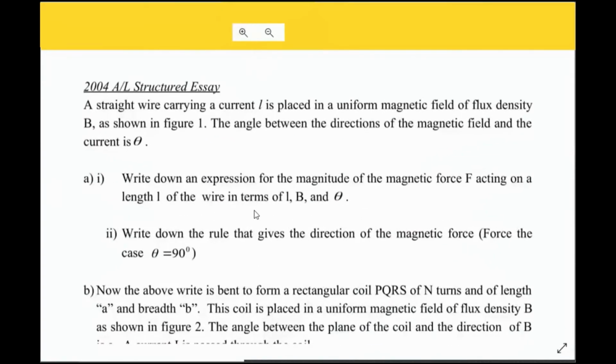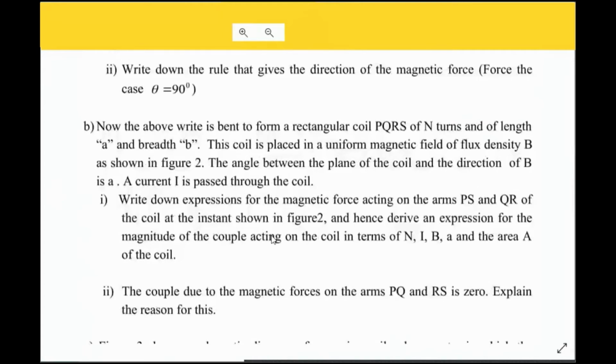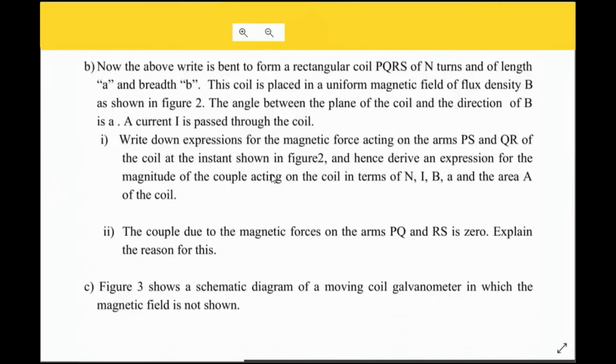So we have answered part B, Roman number 1. We have obtained the couple. Roman number 2: the couple due to the magnetic forces on the arms PQ and RS is 0. Explain the reason.